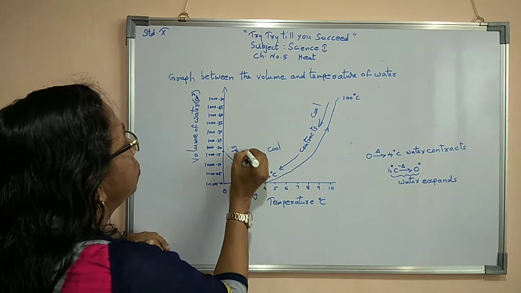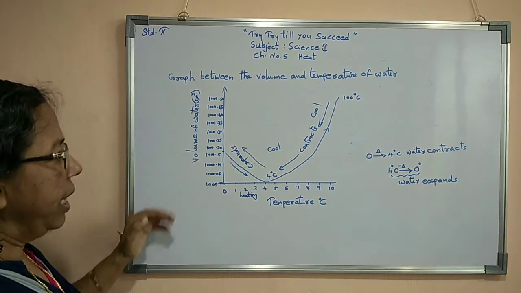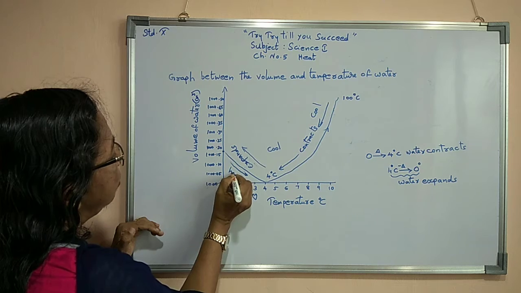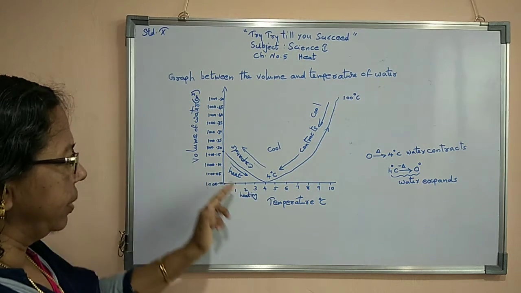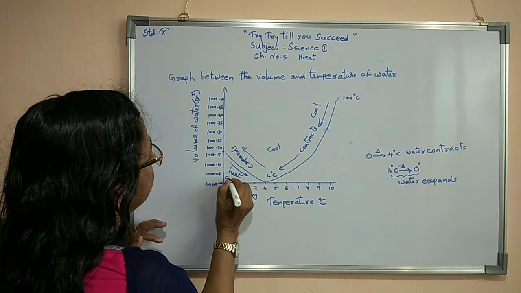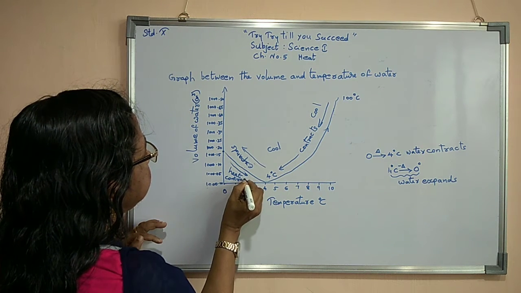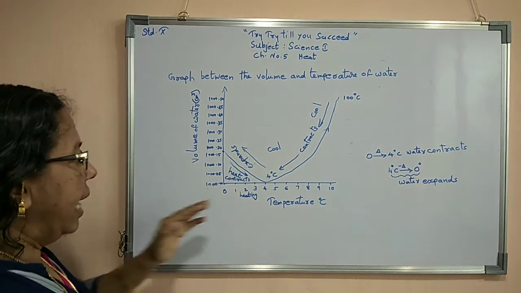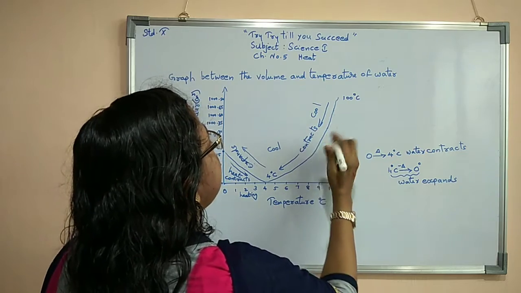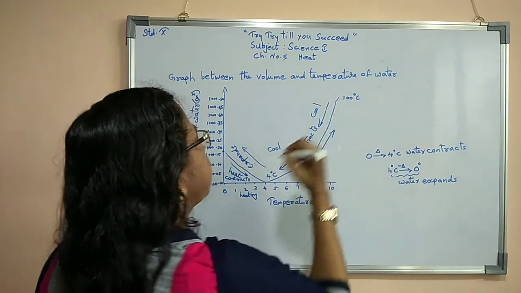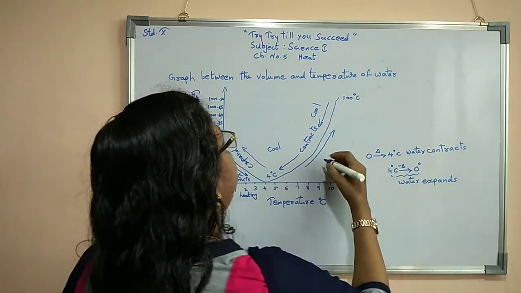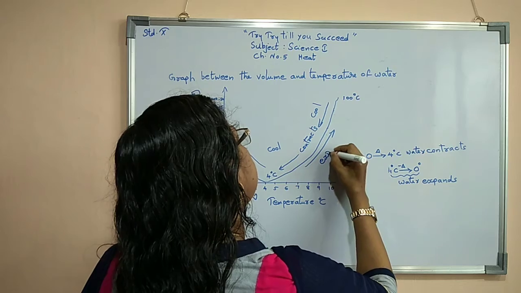Now we are heating the water from 0 degree to 4 degree Celsius, and water contracts. Again we are heating from 4 degrees Celsius to 100 degrees Celsius, arrow this way. So from 4 to 100 degrees Celsius, water expands.